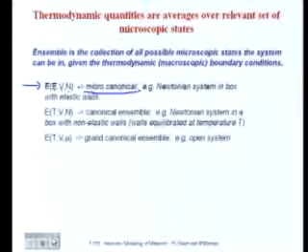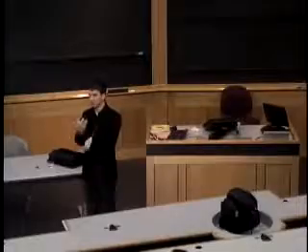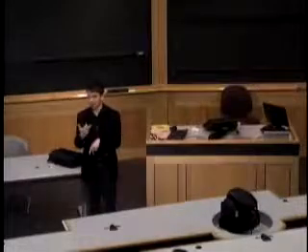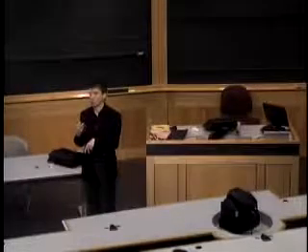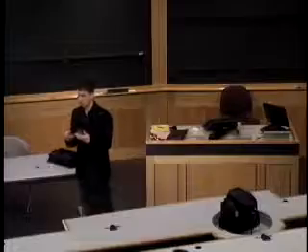A realization of that would be a system in a box, doing Newtonian dynamics. If it's in a closed box, the number of particles can't change, the volume is fixed, and if you do Newtonian dynamics, the energy is fixed. So the basic form of molecular dynamics goes through a microcanonical ensemble.